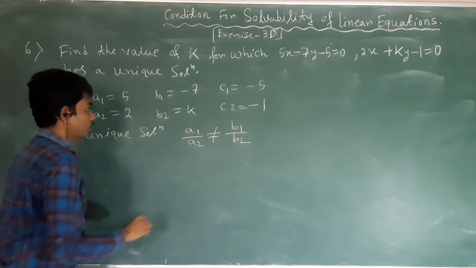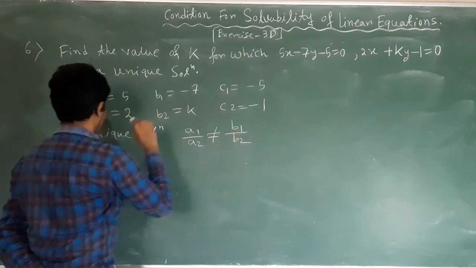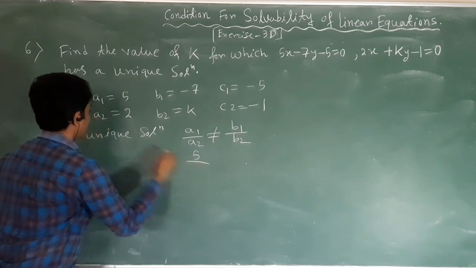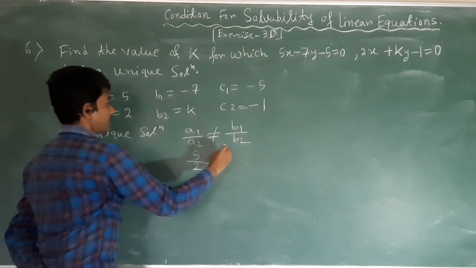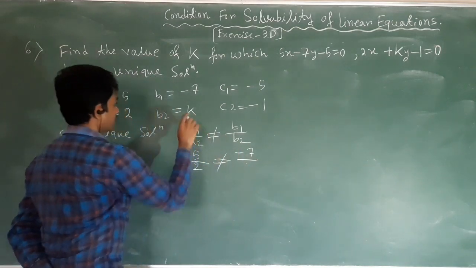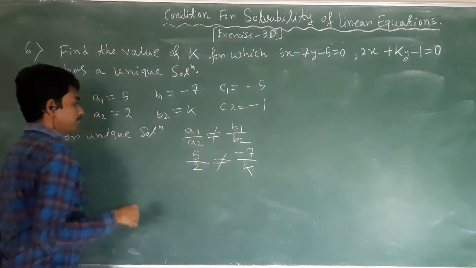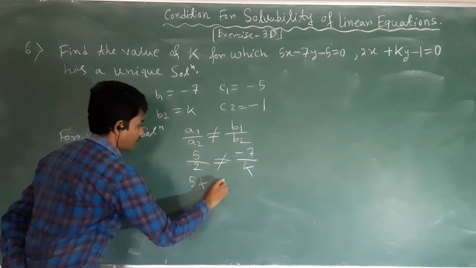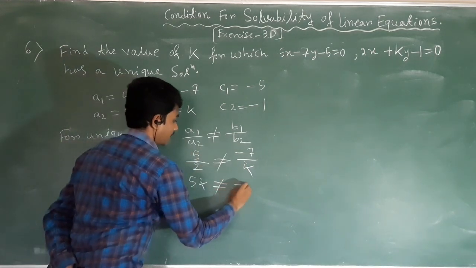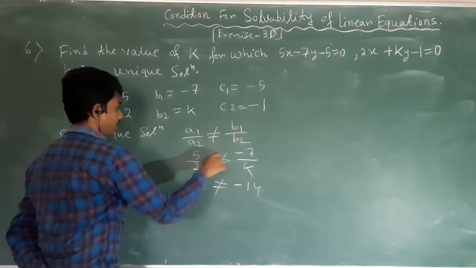So next we put the values of a1, a2 into b1 and b2. So 5 upon 2 is not equal to minus 7 upon k. So 5k is not equal to minus 14 by cross multiplication.